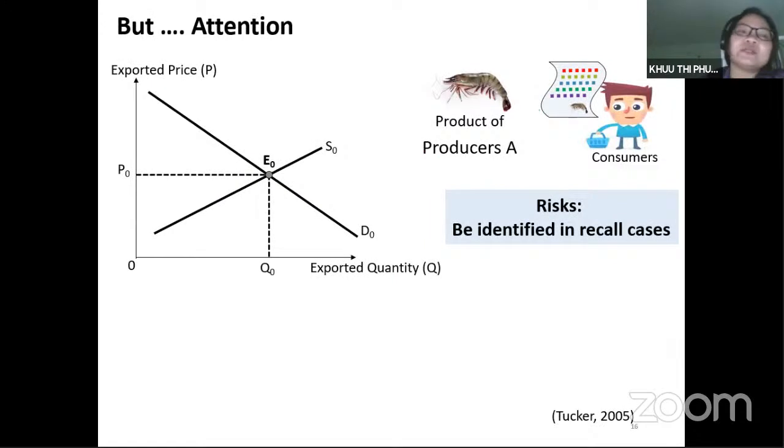And as I mentioned, you have to pay attention. Because when we apply traceability, consumers can identify you. In the recall case, the producer can identify you. I have experience in research from the US market side. You know about the Mad Cow disease, and you know what?